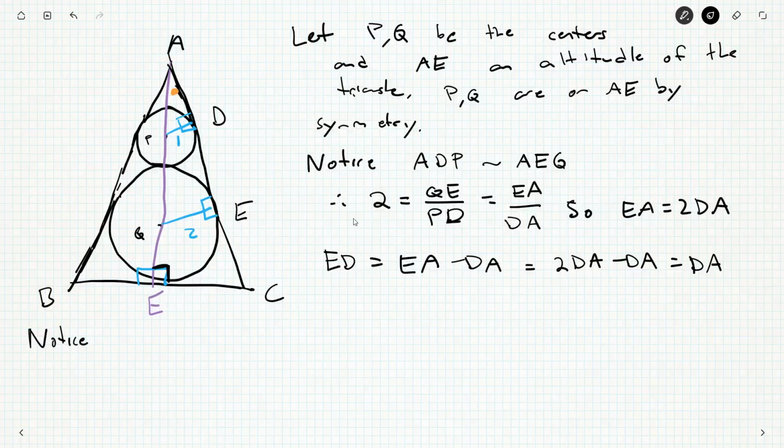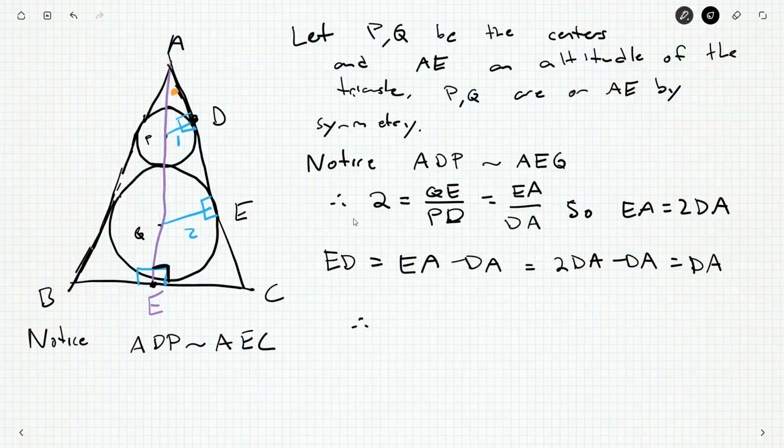So notice that, let's say ADP is similar to, and you've got to make sure the one with the right angle matches up, AEC.